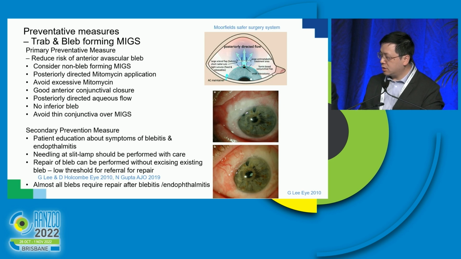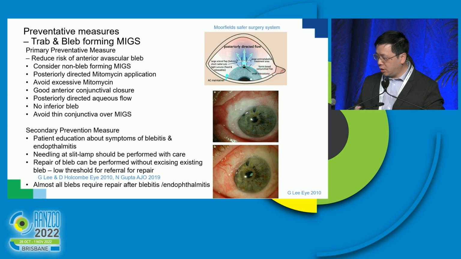The Moorfields Safer Surgery System was also designed to primarily prevent the formation of these anterior avascular blebs with more posterior mitomycin application, avoiding excessive mitomycin application, good conjunctival closure, and avoiding thin conjunctiva over MIGS.